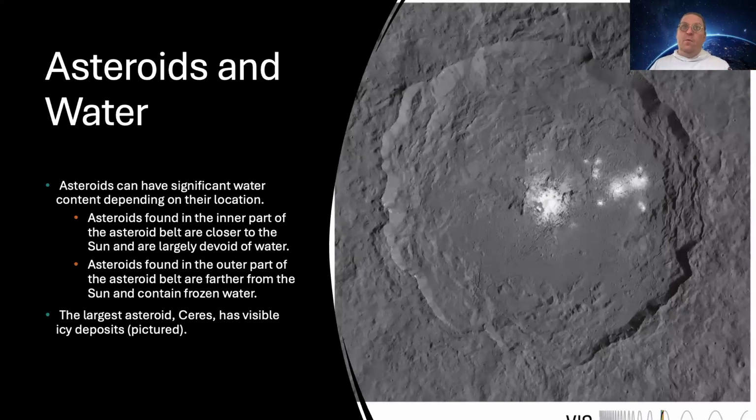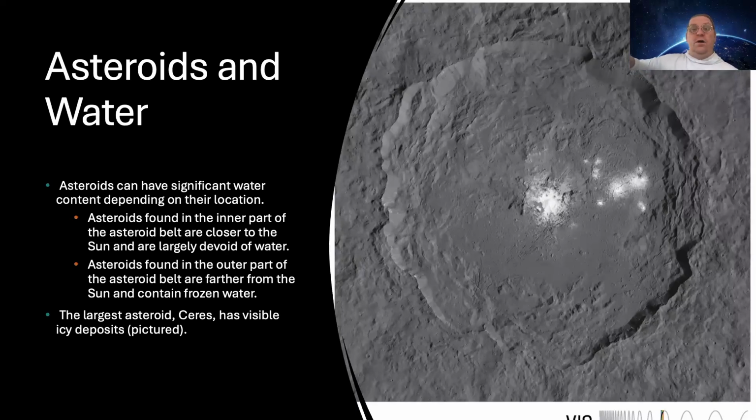But for the Earth, where that water originally came from is still pretty hotly debated. The general consensus is that most of it did not originate on the Earth. If you were to form the Earth in a vacuum with no other objects, you wouldn't really have a whole lot of water in it. We believe that the water was primarily transported by asteroids or comets.